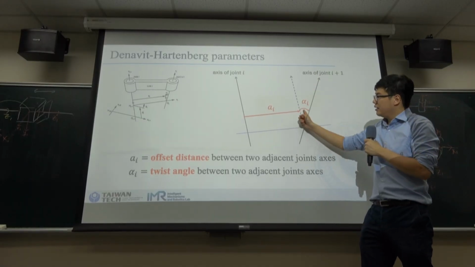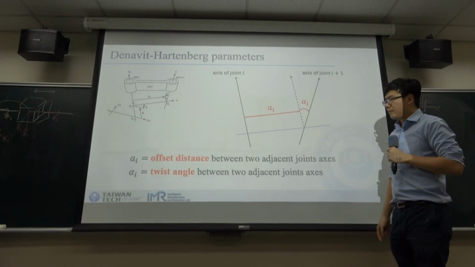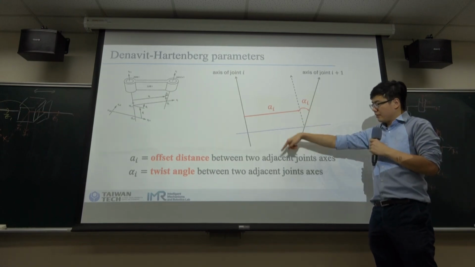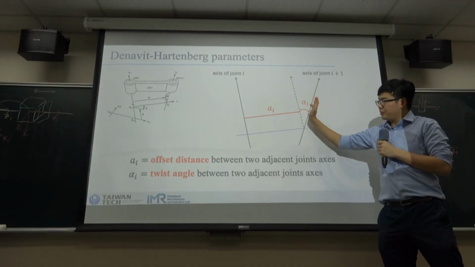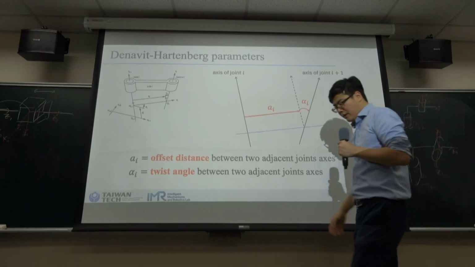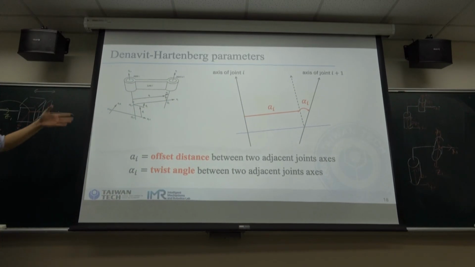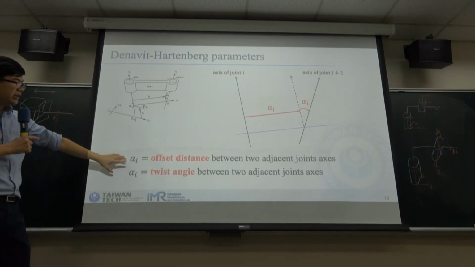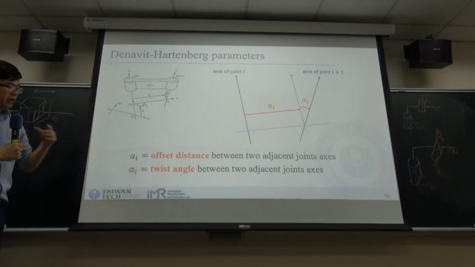And alpha is the twist angle between these two axes. Afterwards, we'll teach you a method to get these four parameters. But here, it just lets you understand the geometric meaning of these four parameters.